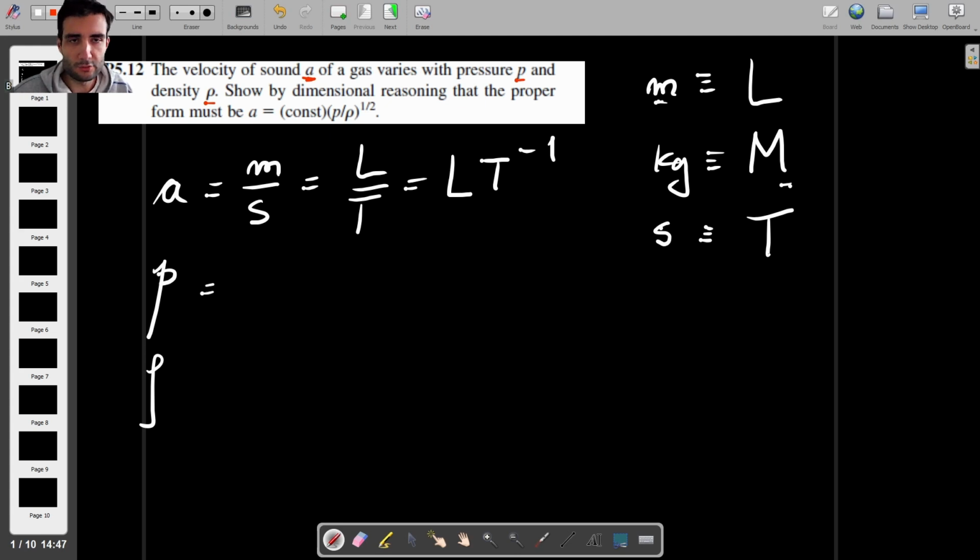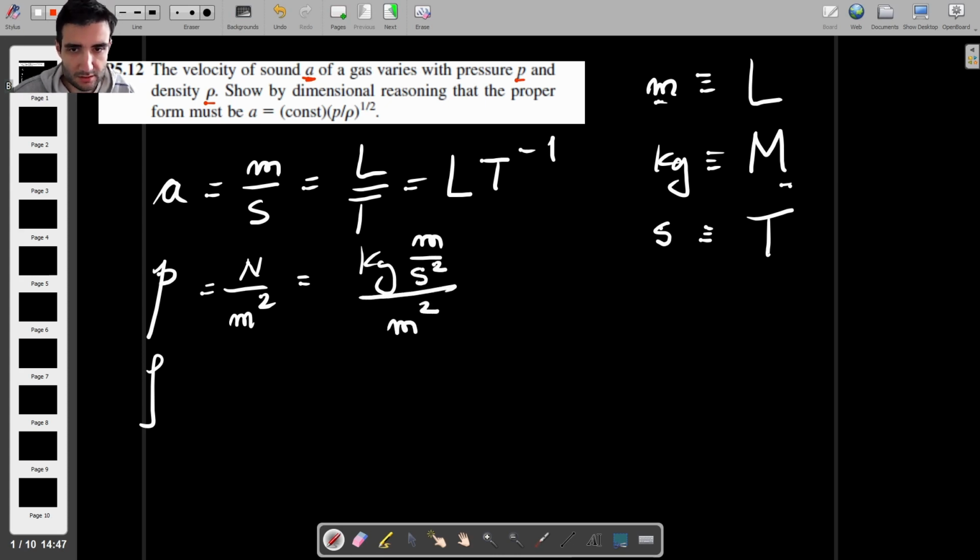And then I'll do the same thing with pressure. So what's pressure? Well, we'll start from the definition of pressure in a way. So pressure is Newton per meter squared. Okay, and then what is Newton? Well, Newton is mass times acceleration, kilogram meter per second squared, over meter squared. So we can cancel out this with this, and we're gonna get kg over m s squared.